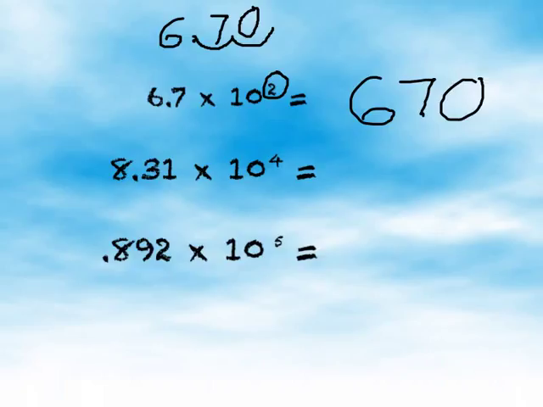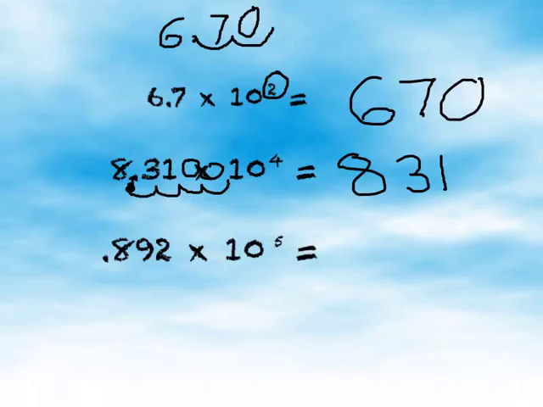8 and 31/100 times 10 to the fourth power equals, well, 8 and 31/100, 1, 2, 3, 4. I'm going to move that decimal place over 4 spaces, and I have 2 zeros there.